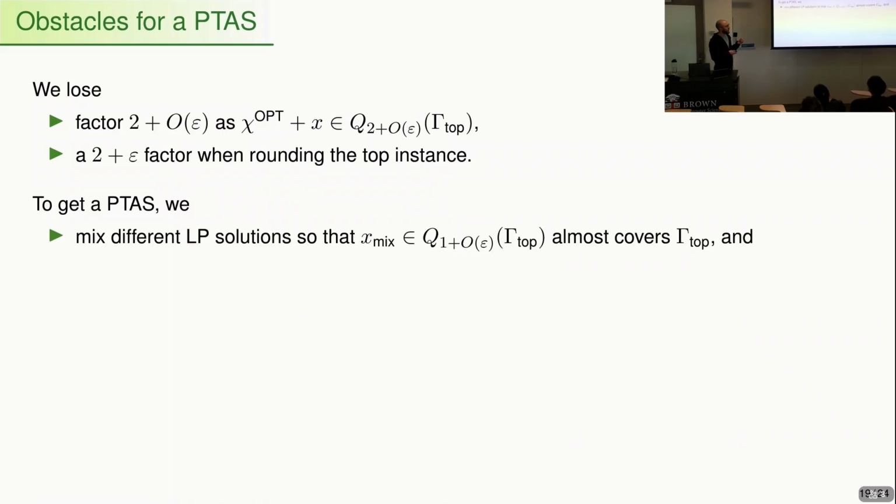To overcome this, a very high-level idea is that we don't just stop the process when we hit the first fractional solution which has non-empty intersection with the core set, but we iterate. In the end, we take the mixture of a linear number of LP solutions, and for this solution, one can show that it is almost 1-feasible for the top instance that we construct.